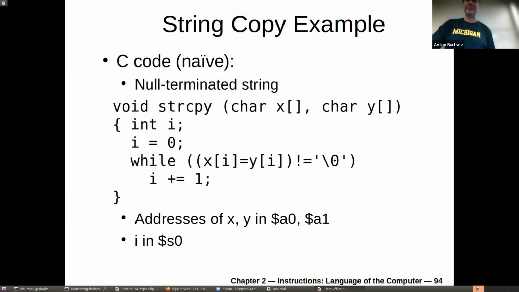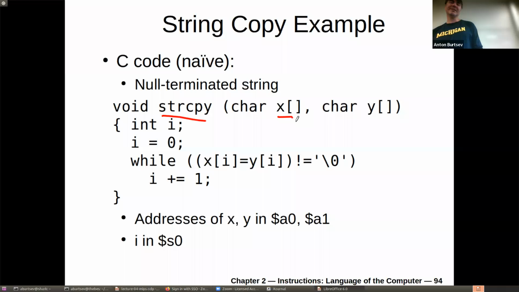And so, for example, let's take a flashback into functions and assembly, right? Let's implement a naive version of a string copy procedure, which takes 2 pointers to strings.